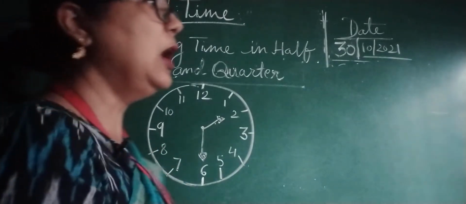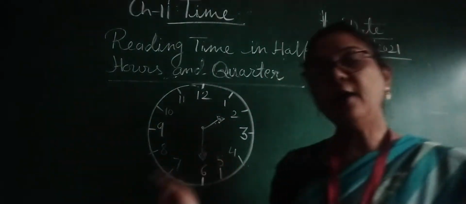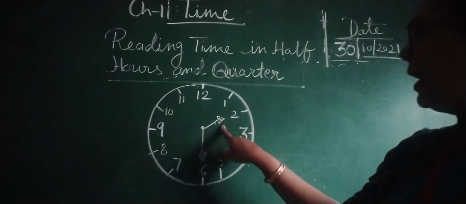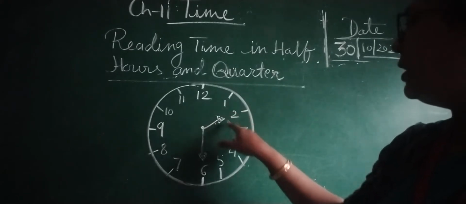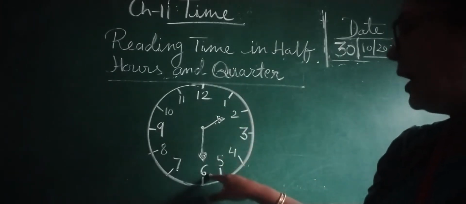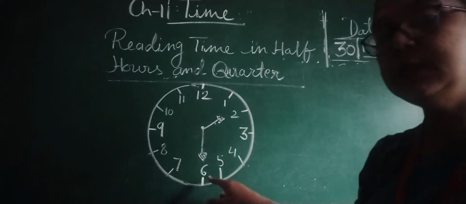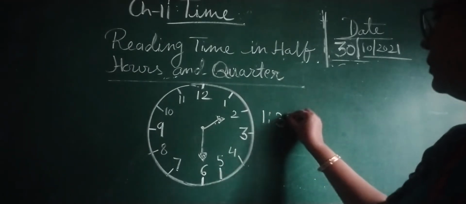So children, how can we show the half past? Half past means if the shorter hand, or you can say the hour hand, is between 1 and 2, and the bigger hand, the minute hand, is on 6, then it will become 1:30.